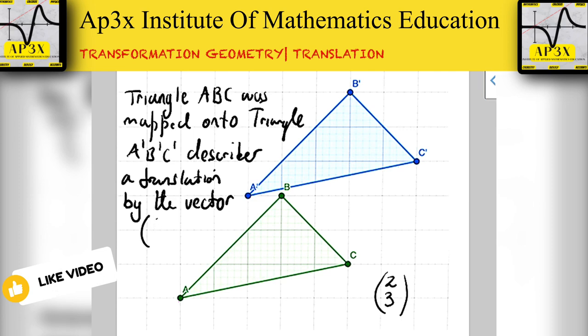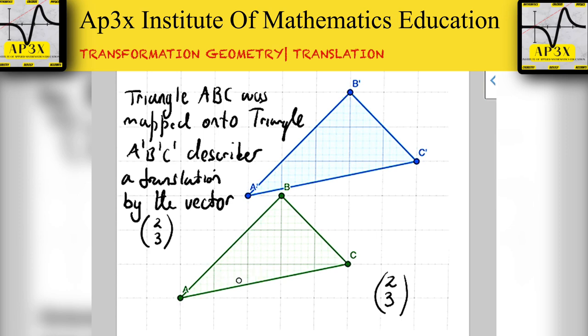So I'm going to just use that as my answer here. And just to verify that 2, 3 was the correct answer, I'm therefore going to take 2 steps to my right, 1, 2, and then 3 steps up. That should take me exactly to B, 1, 2, 3. Correct. So we know it's consistent between C to C prime and B to B prime.